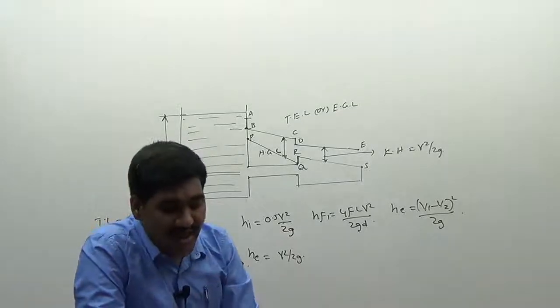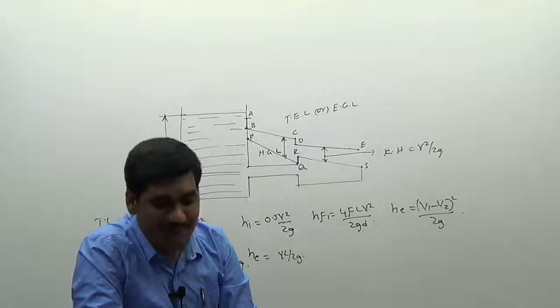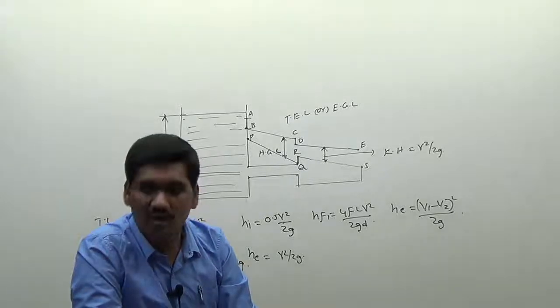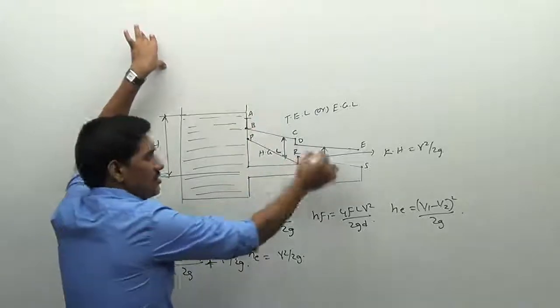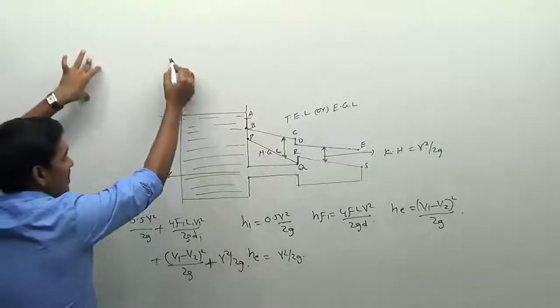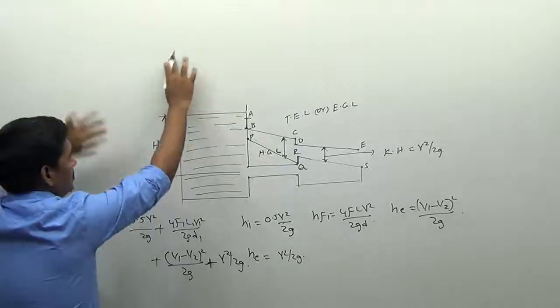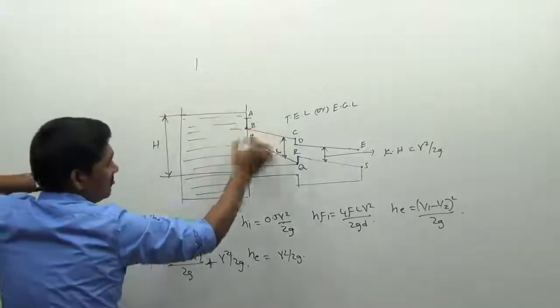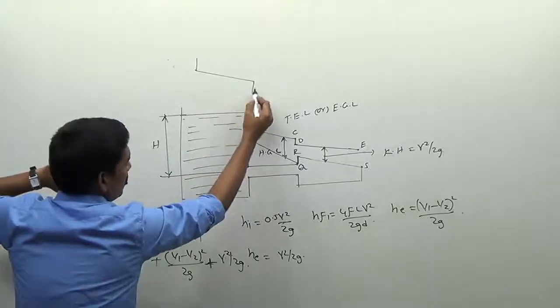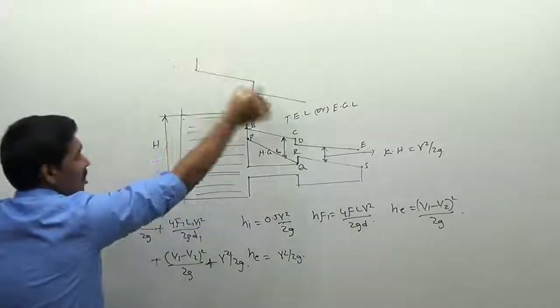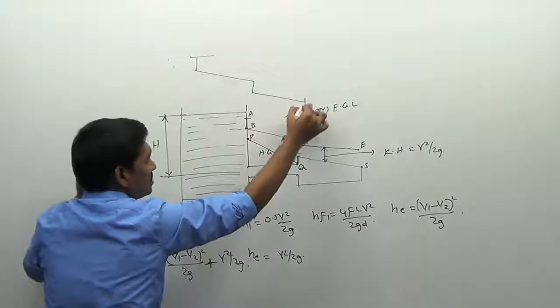The first point is, the energy gradient line always drops in the direction of the flow because of the loss of head. If you observe carefully, the line is inclined downwards. This is the line I am drawing for the total energy line here. So inclined line, again drop, again inclined line. This is the initial position, this is the final position here, right?